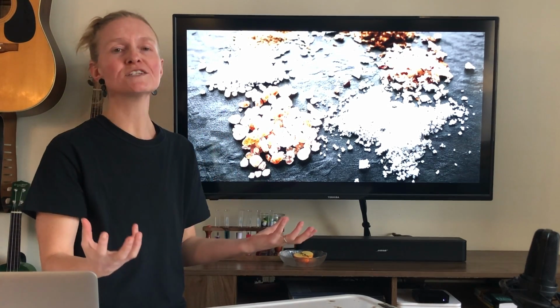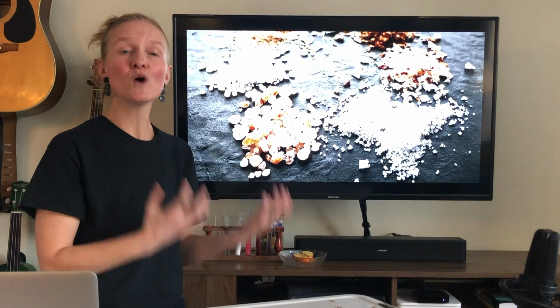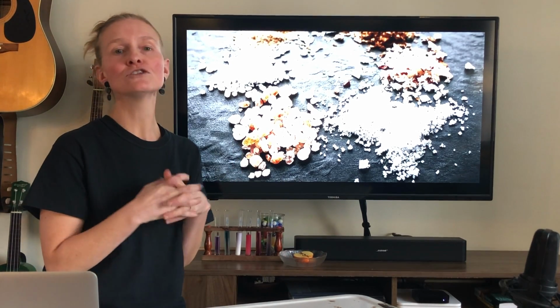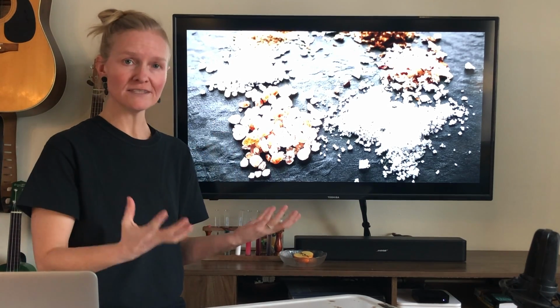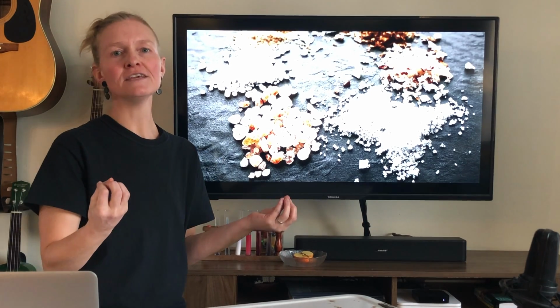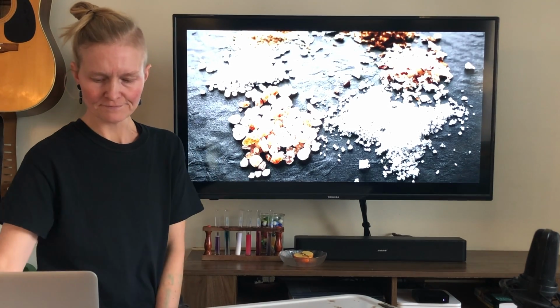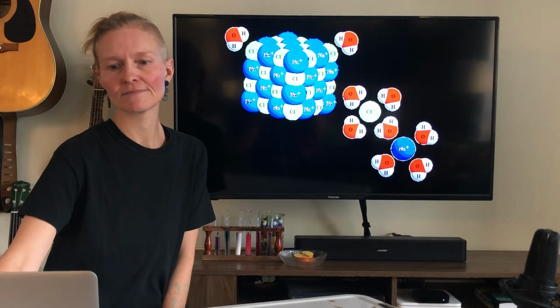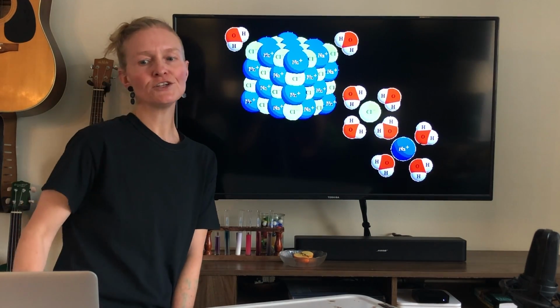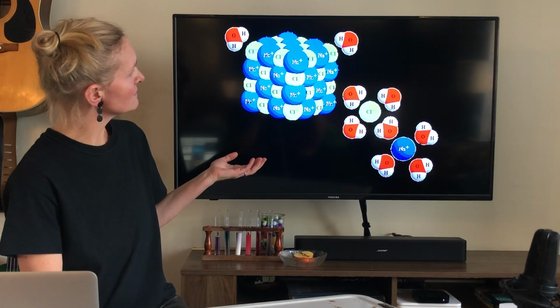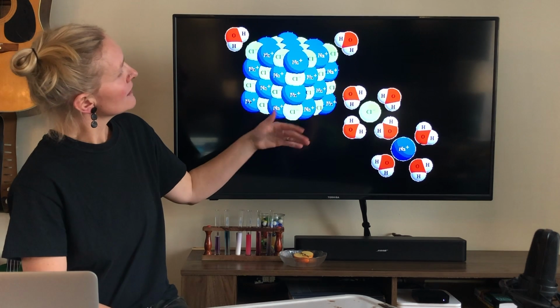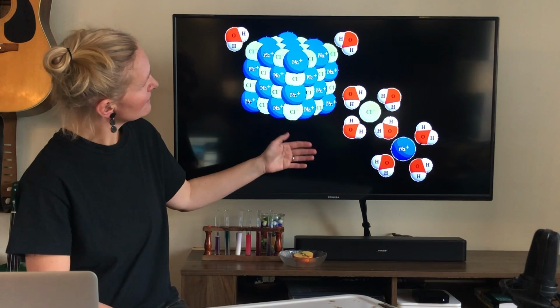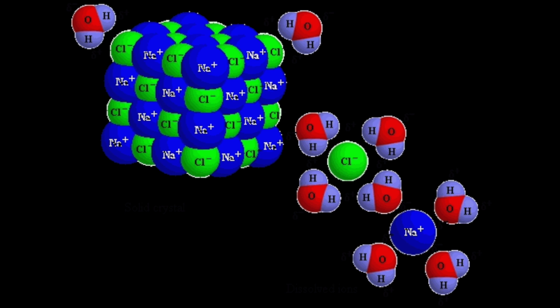They dissolve or dissociate in water, which makes water such a great solvent because it's polar itself, and so it pulls apart the ionic compounds. And here you have, again, this is table salt, NaCl, in solution, and we see that water is acting on the ions, pulling them apart.